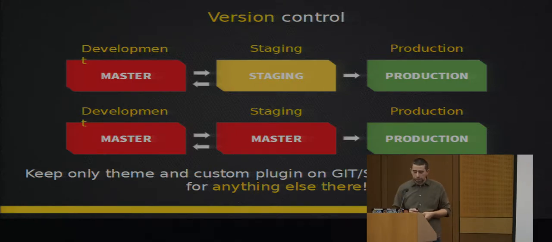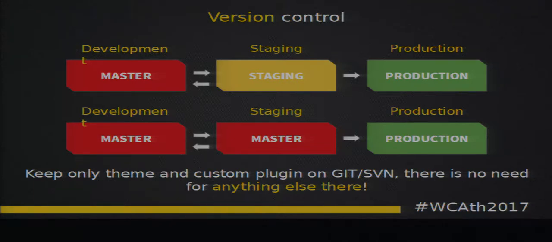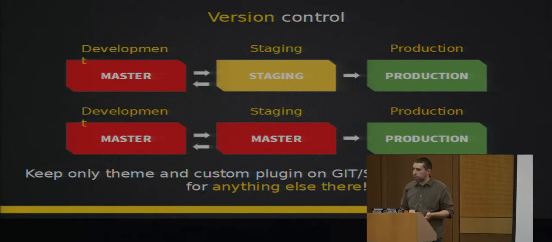There are some recommendations, not just for WordPress projects but for any other projects, on which branches you should keep, whether you're using Git or SVN, like basic branches for development. So you have a master branch where all the code is developed. You have, for example, staging. When something is done on master, you transfer it to the staging branch. And if it is approved, then you transfer it to production.